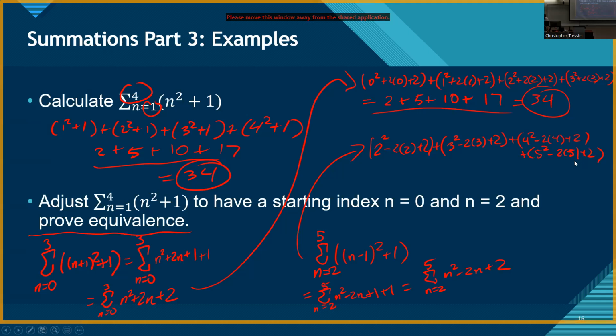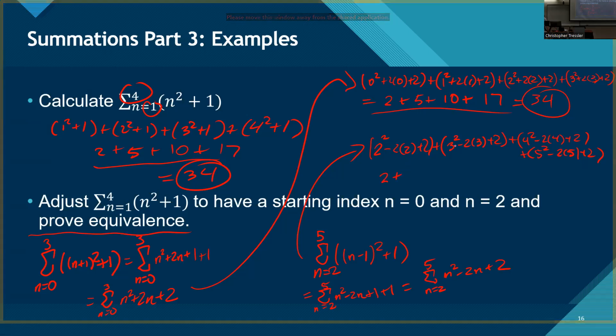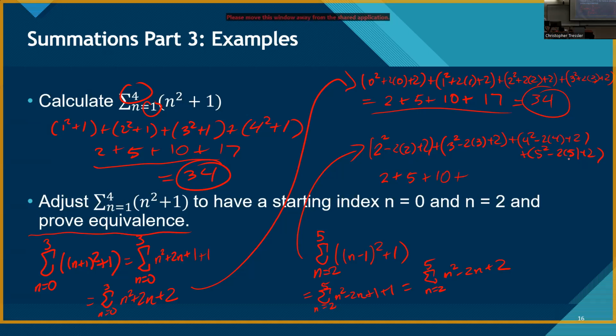And now what we're going to get is 2 squared minus 2 times 2 is 0 plus 2 is 2, plus 9 minus 6 is 3 plus 2 is 5, plus 16 minus 8 is 8 plus 2 is 10, plus 25 minus 10 is 15 plus 2 is 17. Once again, notice it's the same order and we get 34.